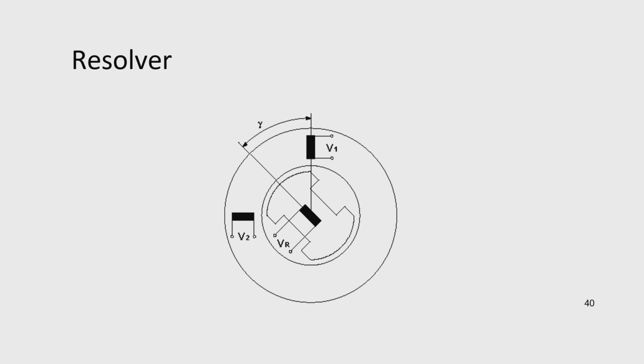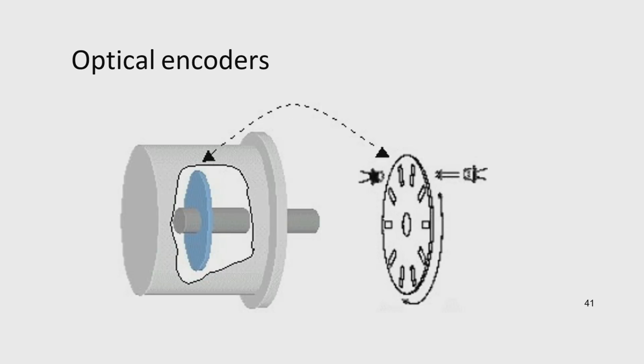Just like a transformer, it will induce some voltage in V1 and V2, and depending on at what angle it is, V1 and V2 will be different. So by measuring these voltages, I can know the position of the resolver.